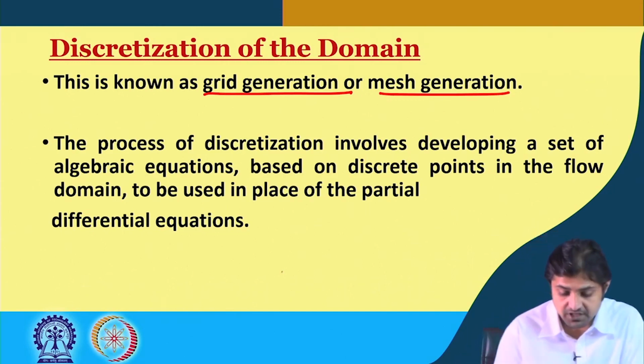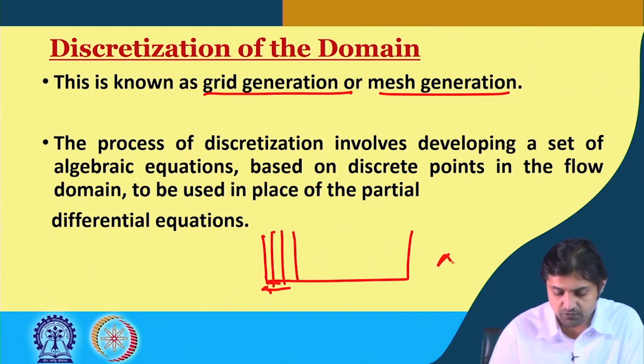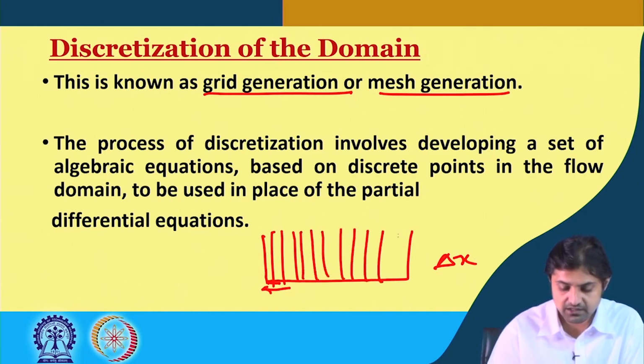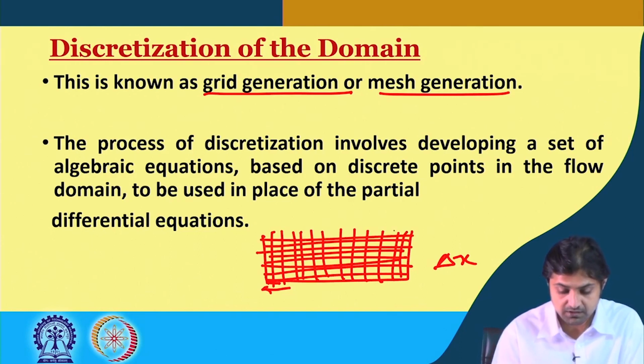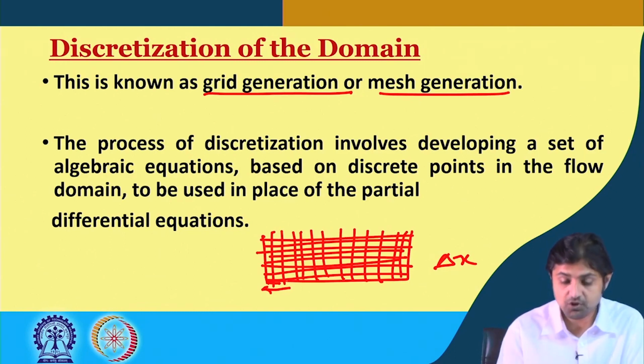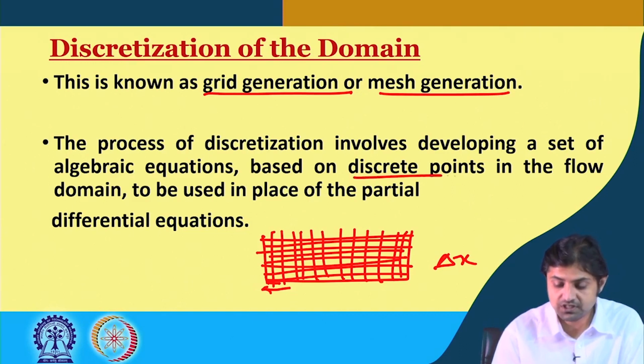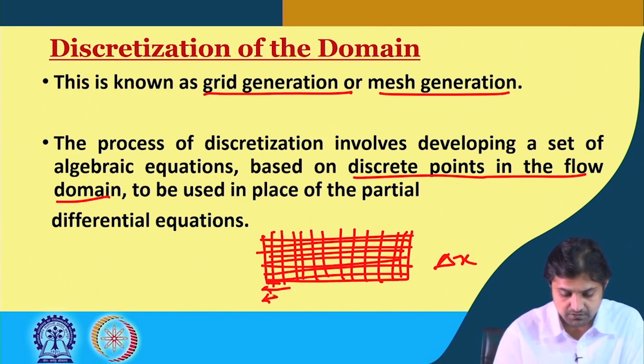So for that, if this is a domain, we have to divide it, that is how we are going to write delta x, right. Let's say we have divided it into so many different parts in the x and y directions. Pardon my drawing. The process of discretization involves developing a set of algebraic equations based on discrete points in the flow domain. So this is what meshing is.